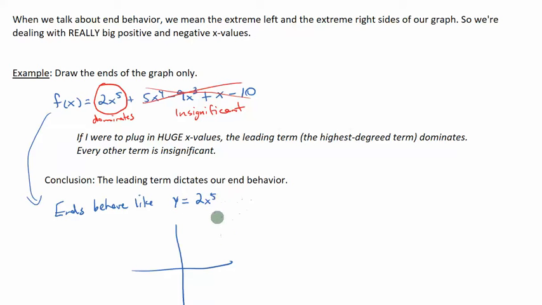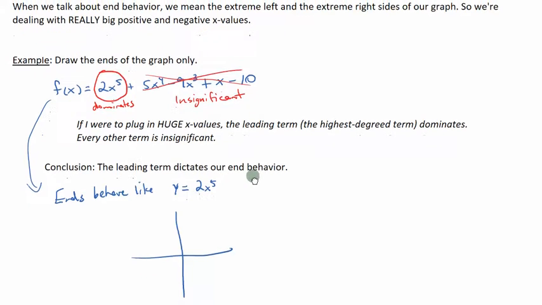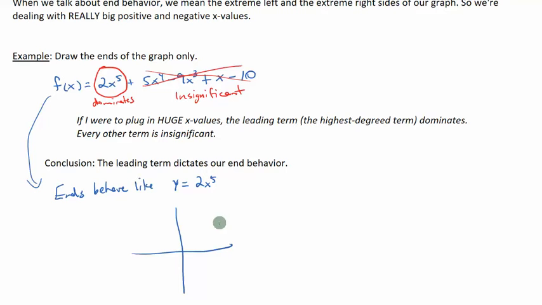And the other stuff doesn't matter because when you're dealing with these x values, these other things are insignificant. And all this is the same thing as x to the fifth, because a positive does not flip it over. Okay? And since this is an odd power, I know the right side of my graph is going to go up and the left side of my graph is going to go down. So that's my end behavior.